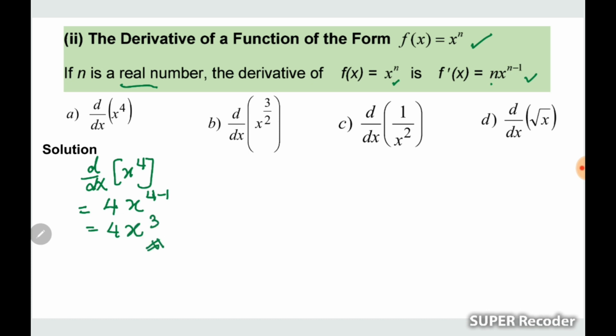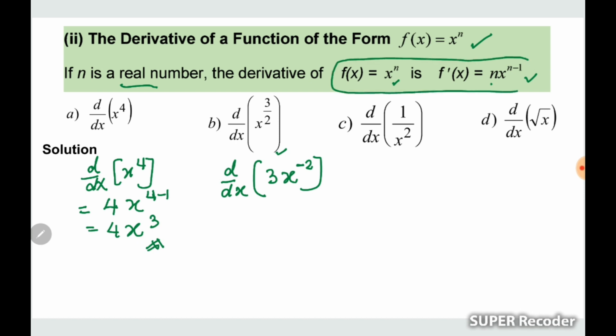Okay. B. Differentiate, or d/dx means differentiate. What is the differentiation of 3 over x squared? So we simplify. You have to write d/dx, it's not dy/dx. d/dx of 3 multiply with x to the power of negative 2. You have to bring x upward to be negative 2 here to apply the rule given.